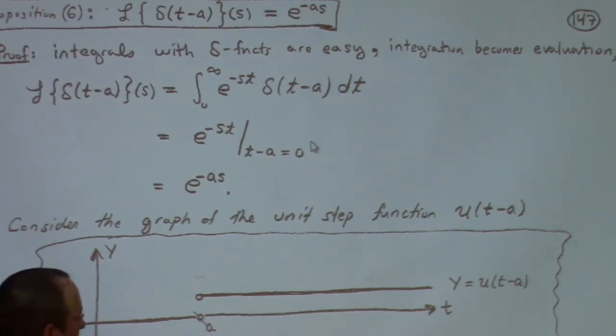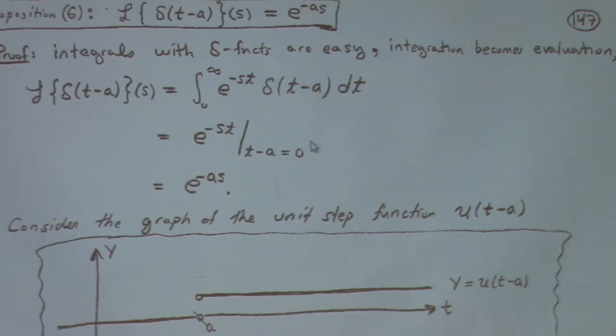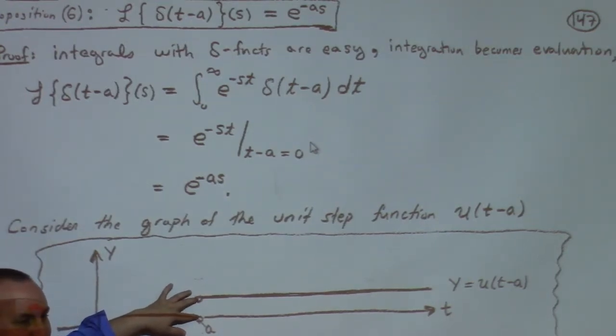Now, if you think about the unit step function, what's the derivative of the unit step function? It's 0 everywhere. What about here? We'd say it's undefined in calculus, right?